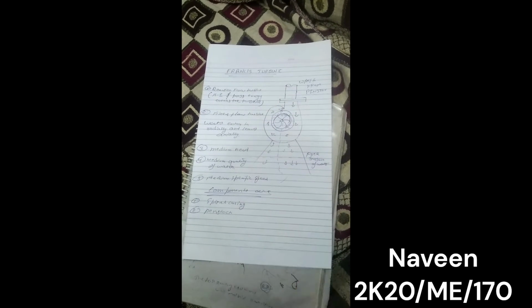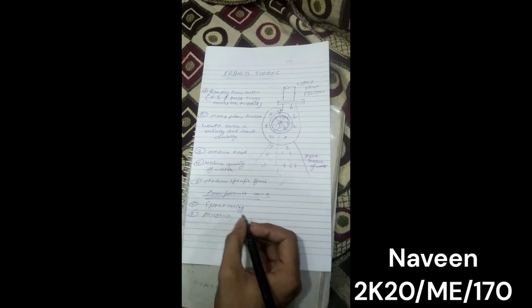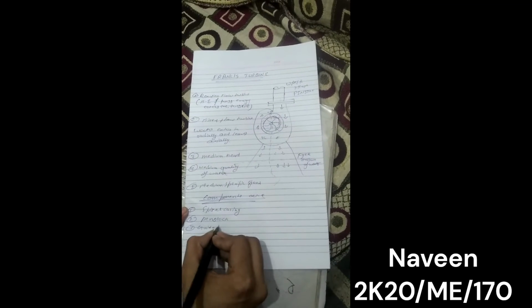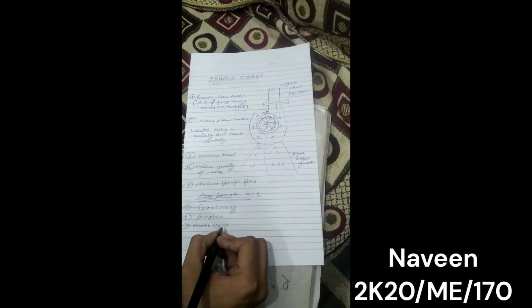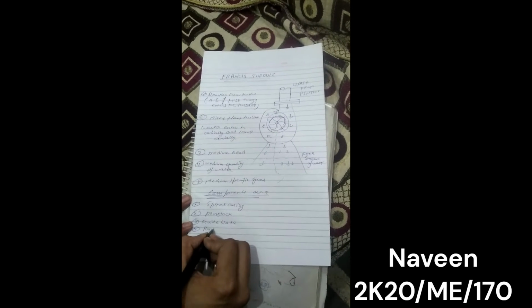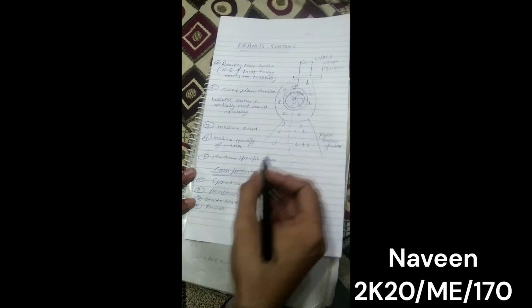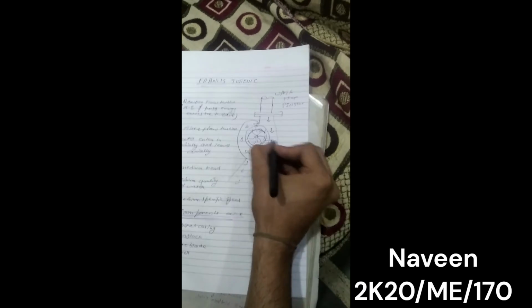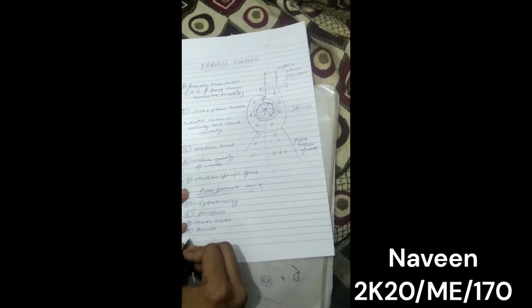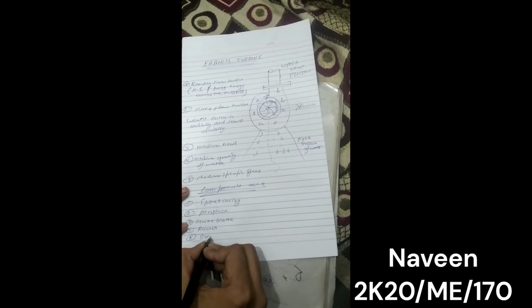This part is called the spiral casing, and third is the guide blade. And the runner, and in the top view, this part is known as the runner, and the draft tube.